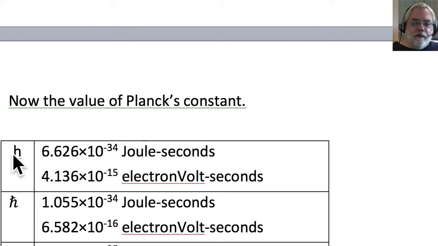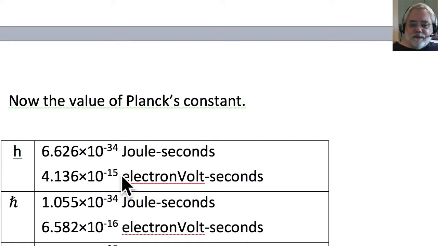So here are the values of h and h bar in joule seconds or electron volt seconds. The electron volt second number looks small, and so h bar is just h over 2 pi. If you were to do the calculation, you would see. But I'm giving you both because sometimes you use h, sometimes you use h bar. Why should you have to do the divide by 2 pi if it can be in a table?